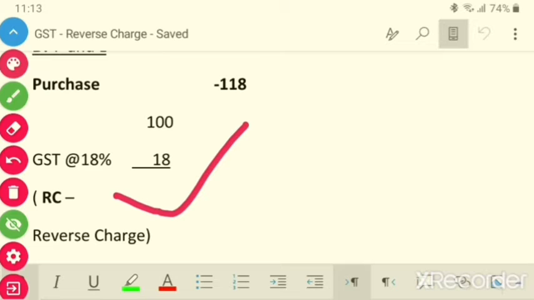See, normally you levy GST on sale. You collect from the customer and pay to the government. That is forward charge. Here, GST is levied on purchase, inward transaction.